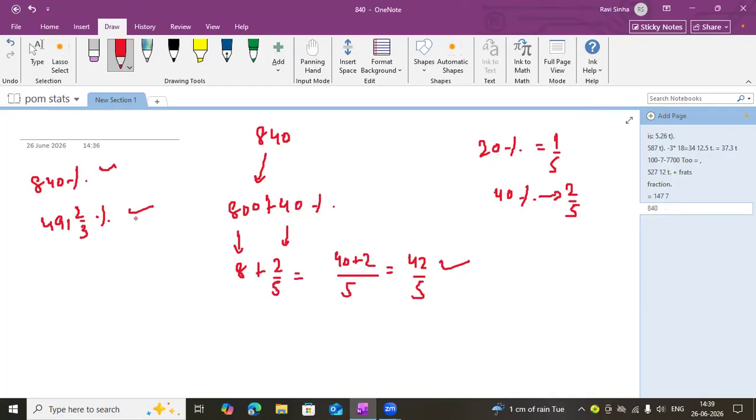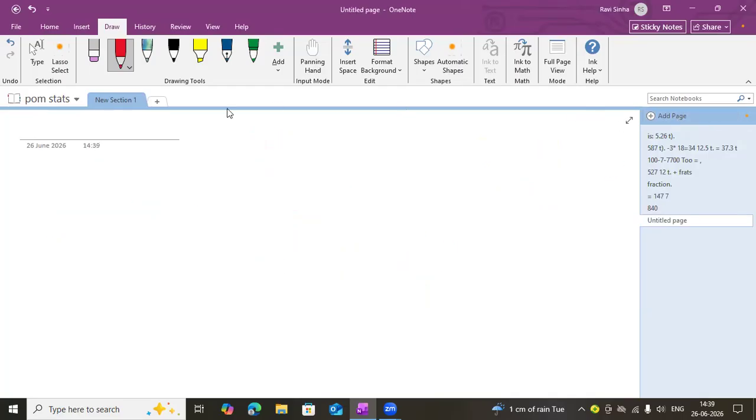Next is 491 2 by 3%. How can this one be written?